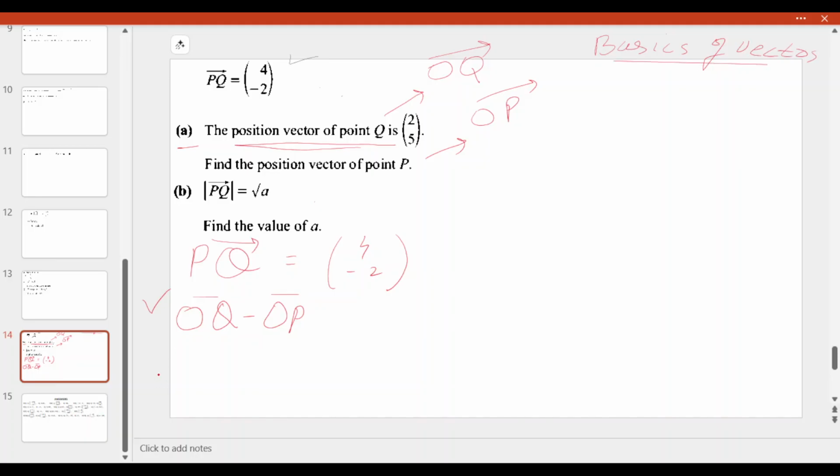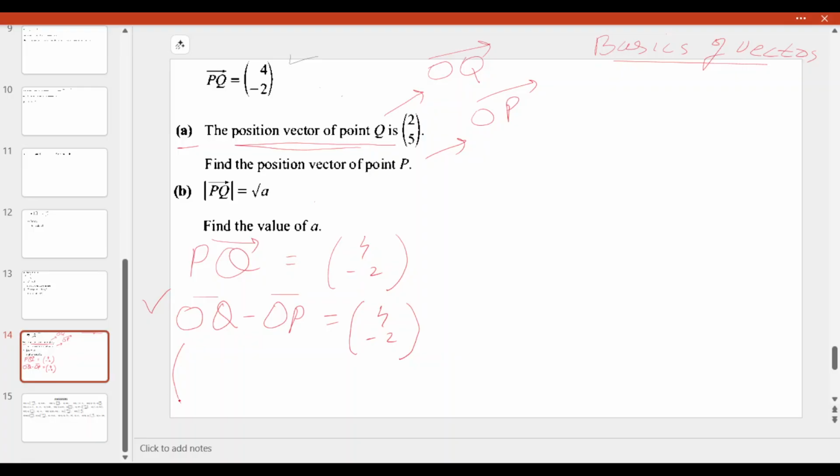So this is (4, -2). Now the position vector of point Q is (2, 5).